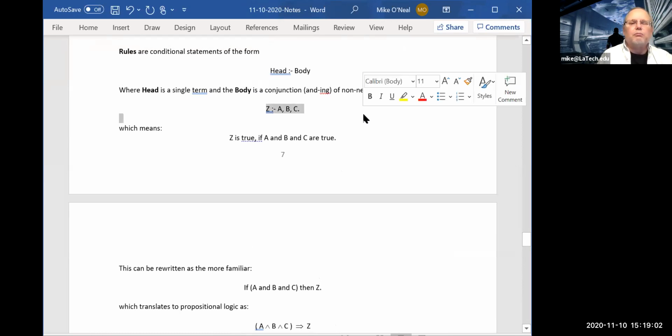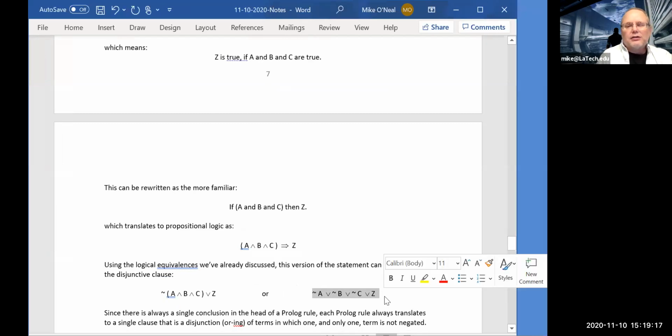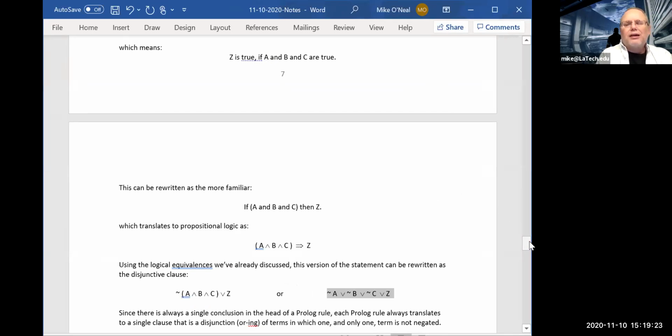So Prolog statements have this form. Something is true if blah and blah and blah are all true. But that form is reflected in the fact that you only have one non-negated term in your disjunction. You can't have more than one positive term.